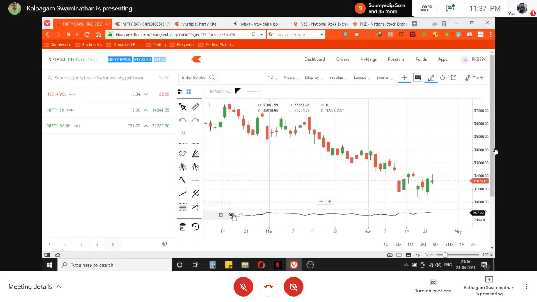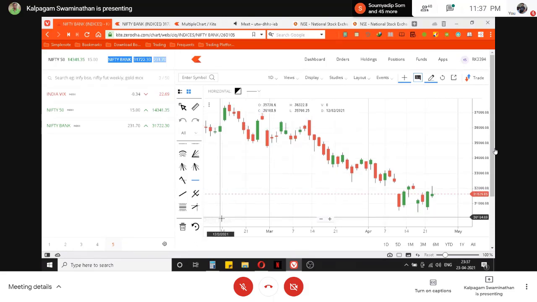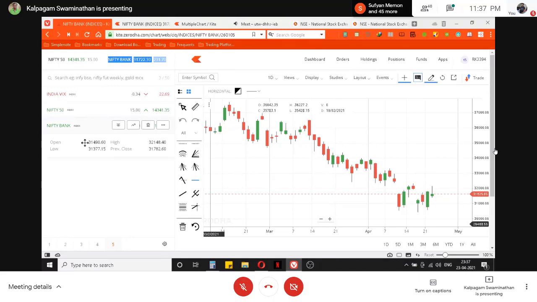So divided by 2, add it to your opening price, which was 31,490. Which means you would buy 31,500 plus 500. So 500 points away, 32,000 and 31,000 would be our ideal strike prices.